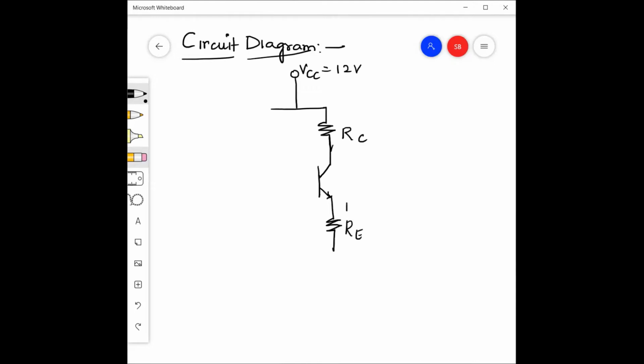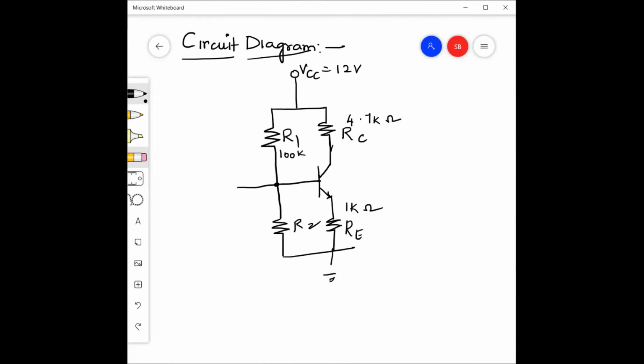This RE is 1 kilo ohm and RC is 4.7 kilo ohms. Now, the biasing resistances R1 and R2 are connected. R1 is 100 kilo ohms and R2 is 10 kilo ohms.